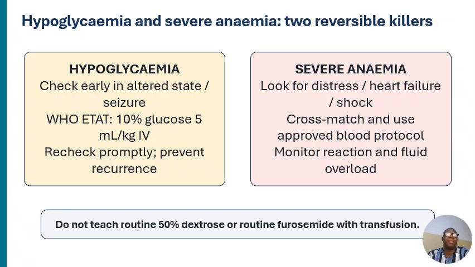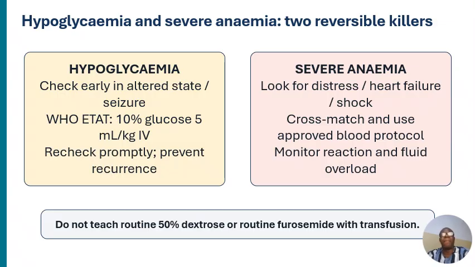Tests directed at identifying the causes are also important to ask for at this point. Transfuse the child according to the approved emergency room protocol, the volume and the rate, and then monitor the child closely for reaction and fluid overload. Do not give furosemide automatically with every transfusion. Use it only for a specific indication.